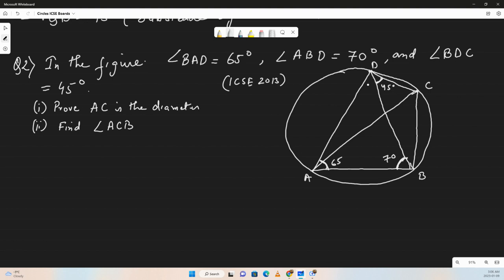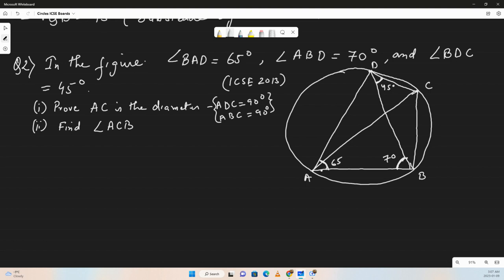If we can find angle ADC equals 90, or if we can find angle ABC equals 90, either of that, if we can prove that they are equal to 90, then we can prove that AC is the diameter, right?